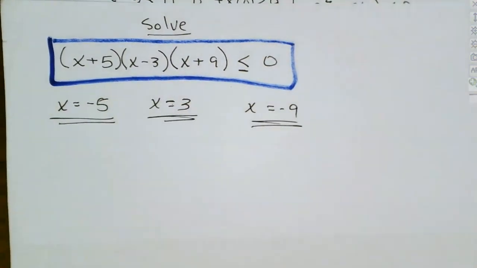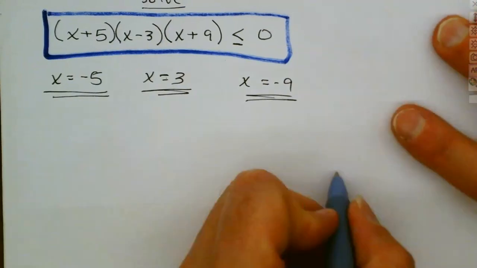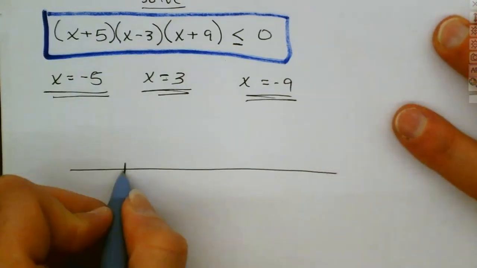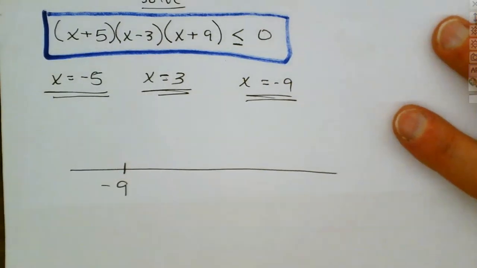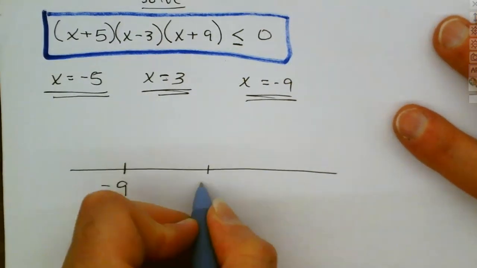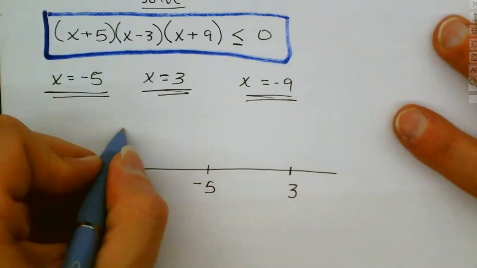So those are my 3 points. Put them on the number line, and make sure they're in the correct order. Negative 9 is the smallest, so it's furthest on the left. Then we have negative 5, and then we have positive 3.